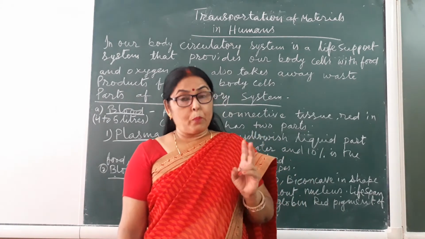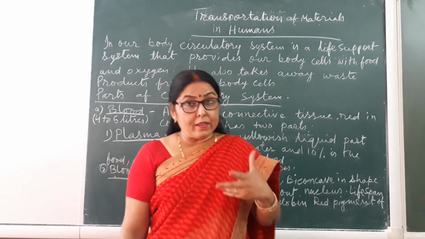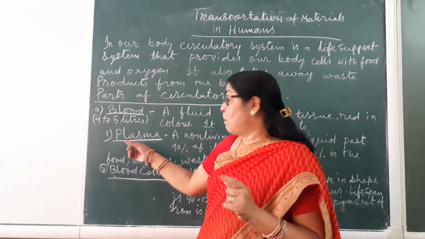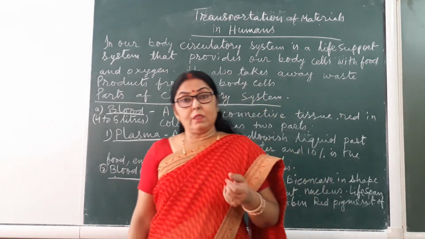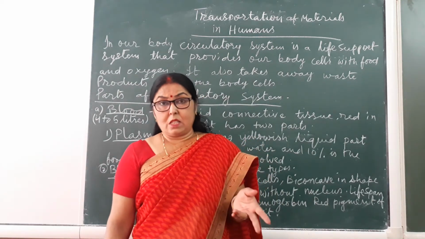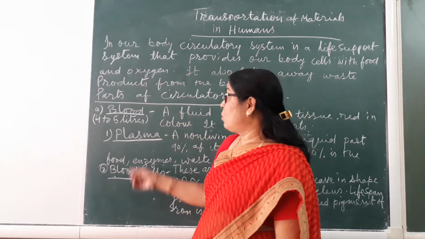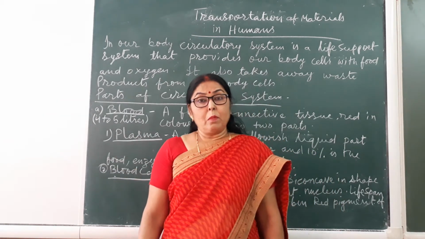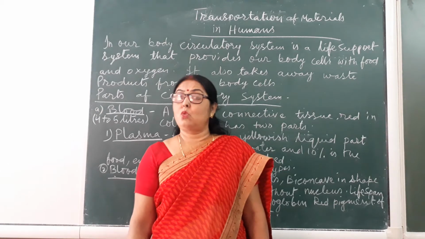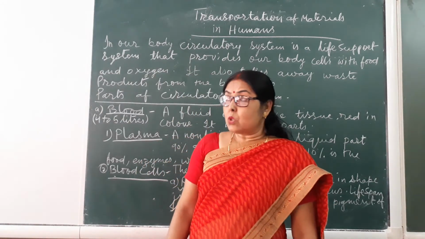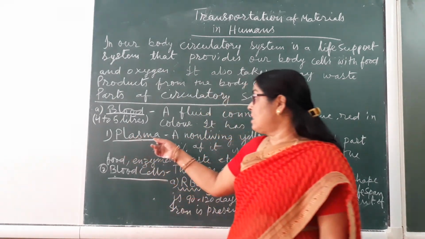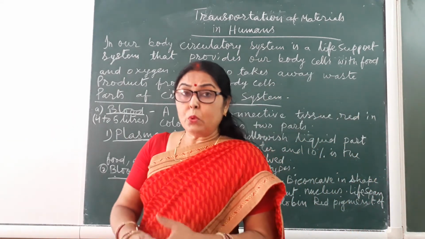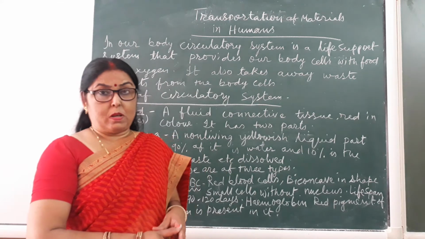Blood has two components, means two parts. First is the plasma and second one is the blood cells. How much blood is present in an adult? The amount may vary from 4 liters to 5 liters. First, let us discuss the plasma. Blood has a fluid which is called plasma.